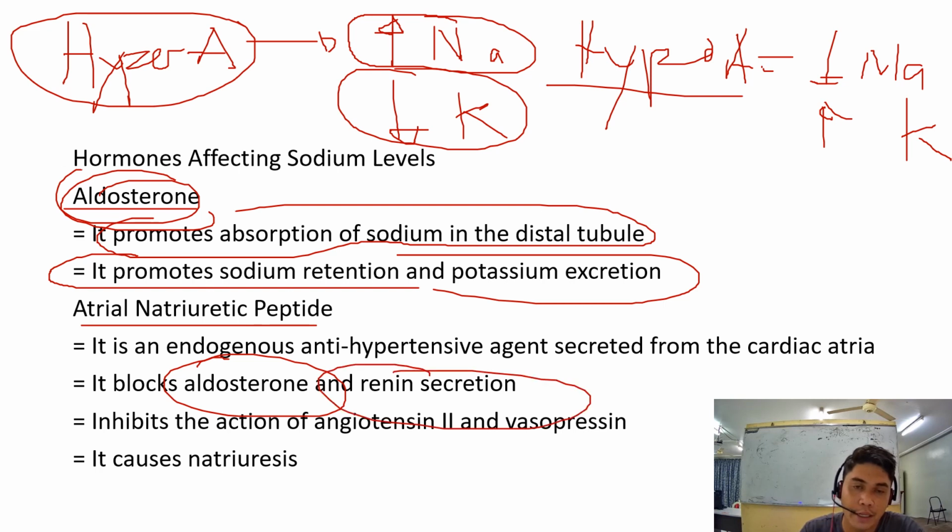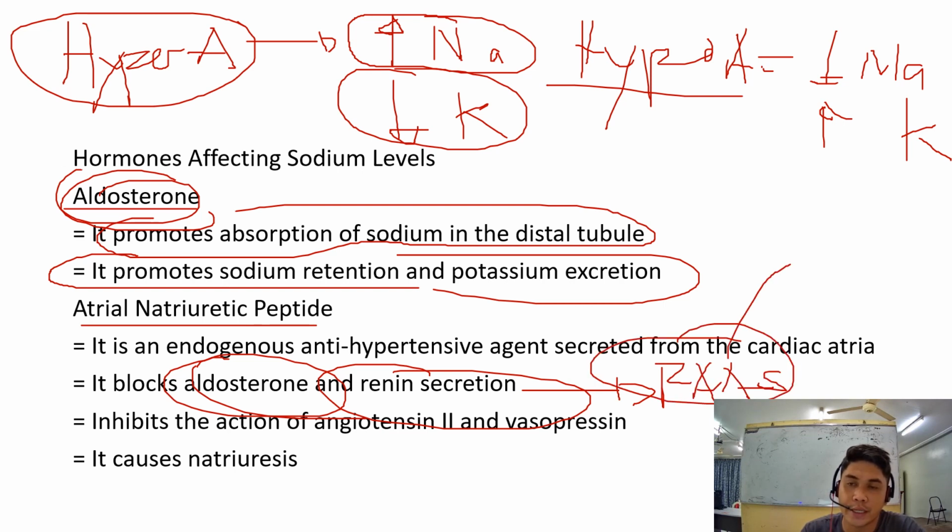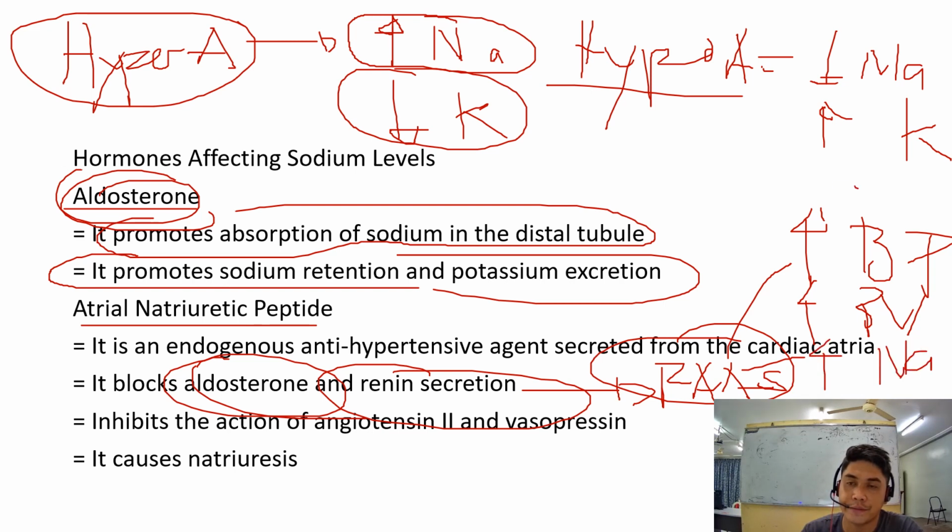It blocks aldosterone and renin secretion. Aldosterone and renin are part of the RAAS, and the effect of RAAS activation is increased blood pressure, increased blood volume, and also increased sodium concentration.